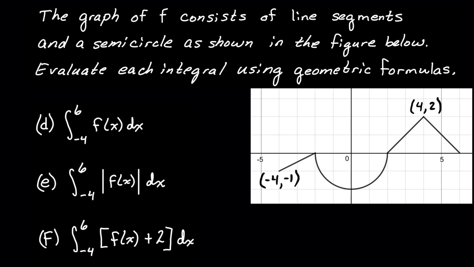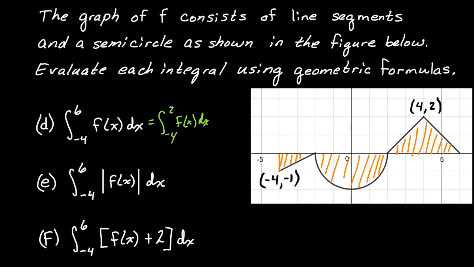All right, we're just continuing the same graph with a few different problems here. So the next one is the integral from -4 to 6. So that would be this area plus this area plus this area. Well, we already know the integral from -4 to 2. That was in the previous problem.